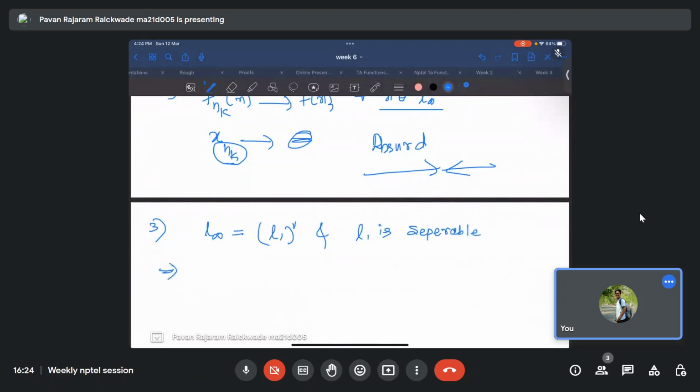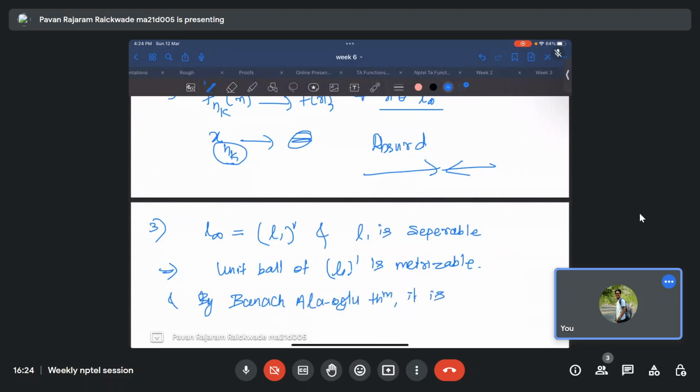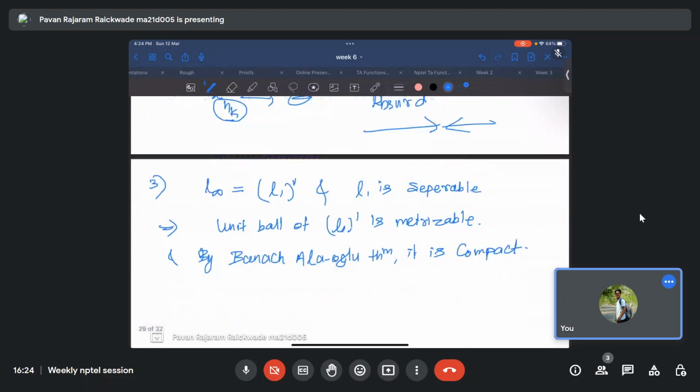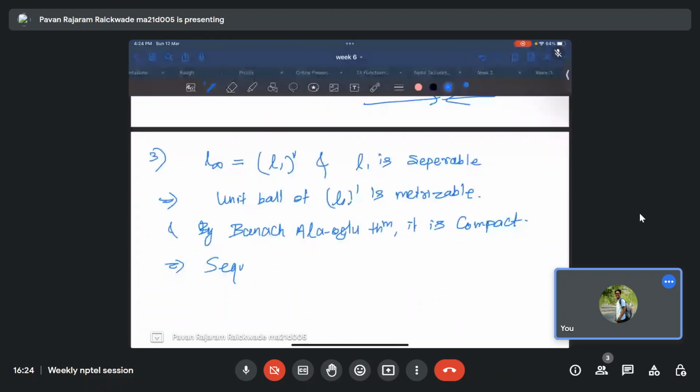This implies the unit ball of L1 dual is metrizable, and by Banach-Alaoglu, it is compact also. So compact metrizable implies sequentially compact. So every bounded sequence must have a convergent subsequence.